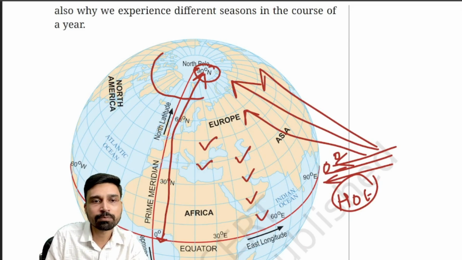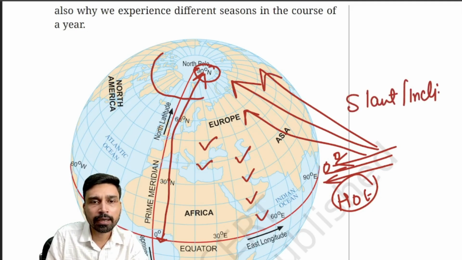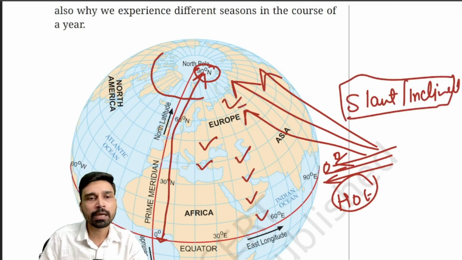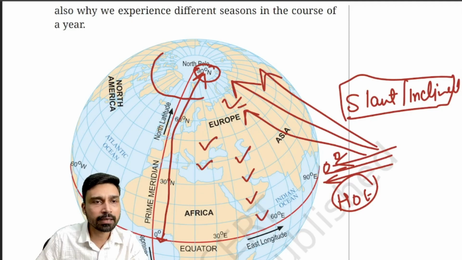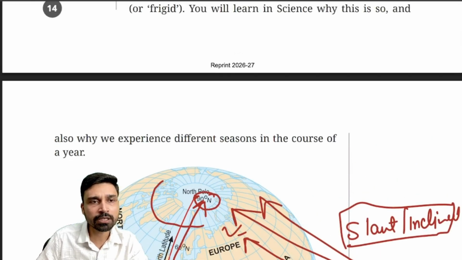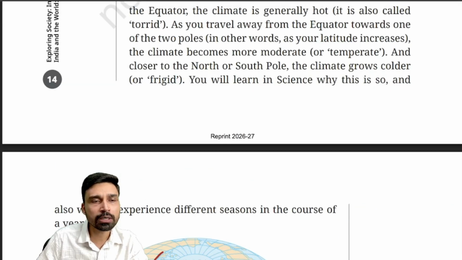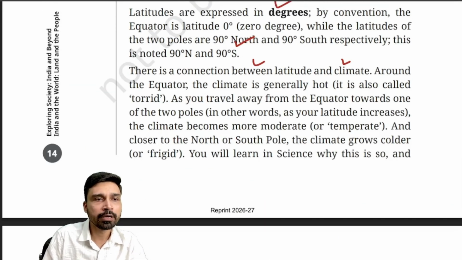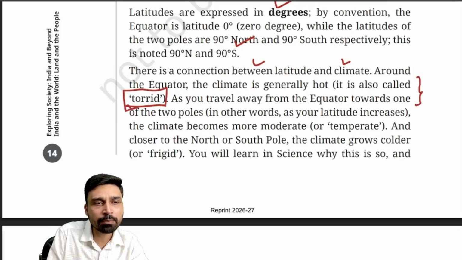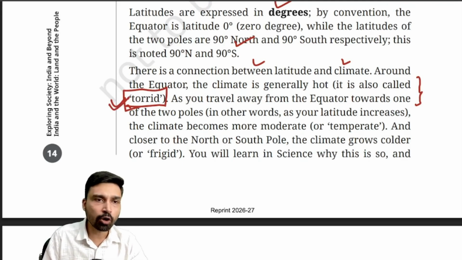The sun rays become more slanted or inclined in nature, and that's why the amount of sunlight available toward the polar areas becomes less and less. As sunlight determines the temperature of the earth's surface, as we go toward the polar areas, temperature keeps on reducing. Now the highest temperature you will find is around the equator, and this zone where you have the maximum temperature on the earth is what we call the torrid zone.